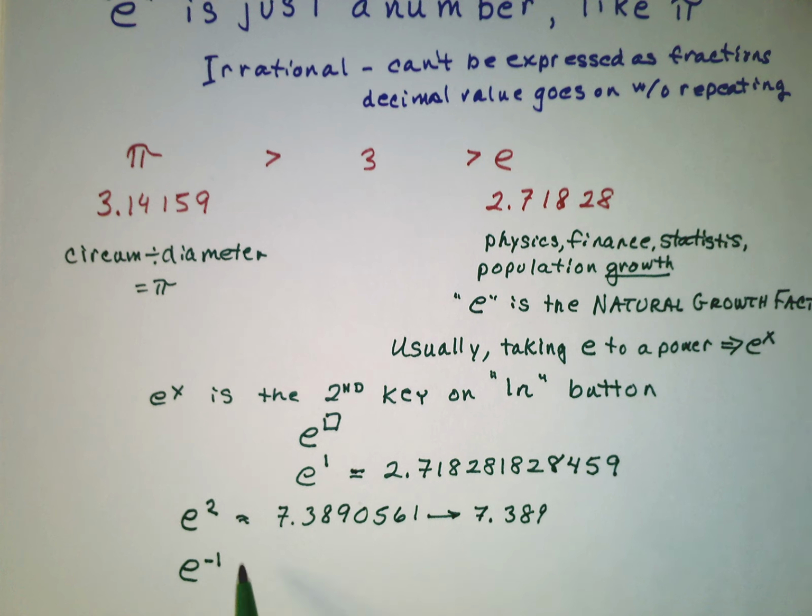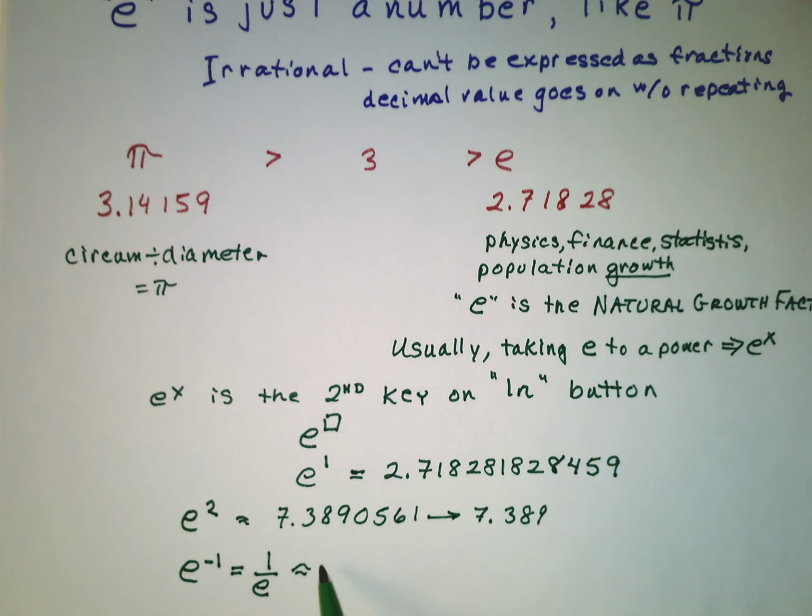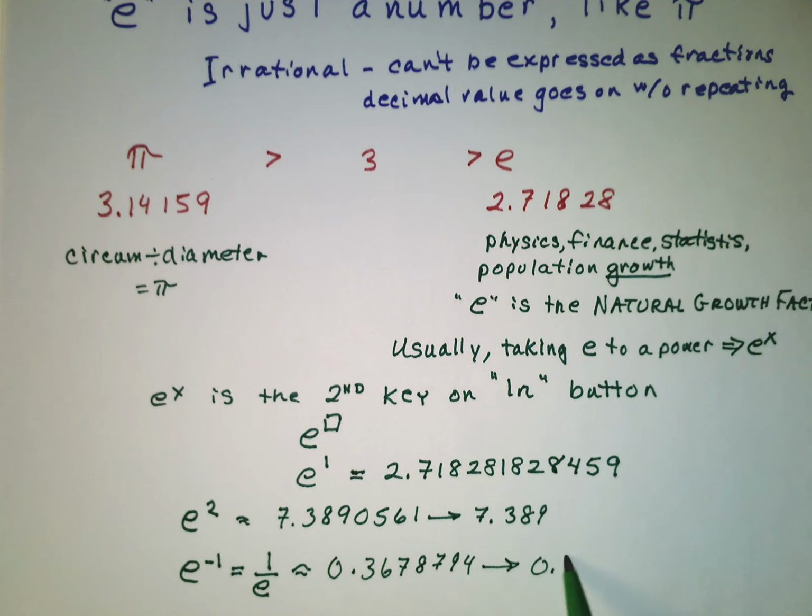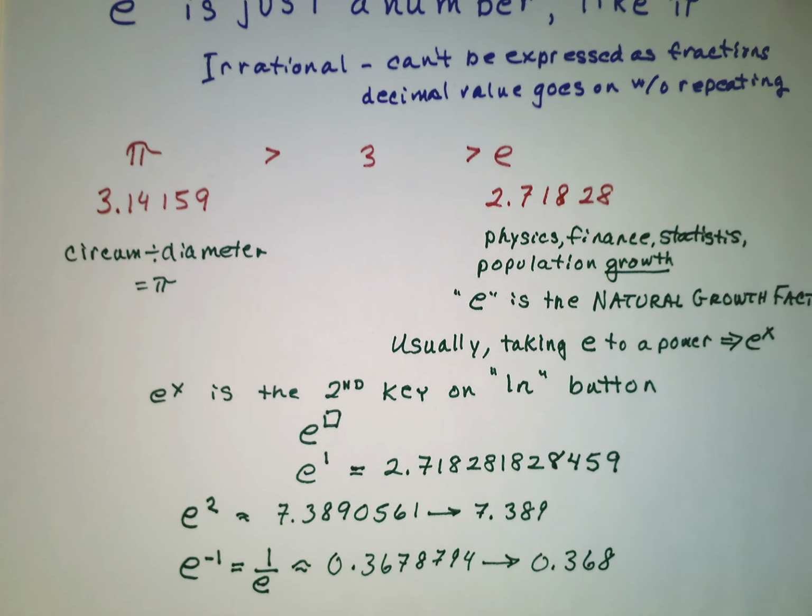Thousandth, you remember, is 3 decimal places. e to the -1, you remember, just means 1 divided by e. But we can put it in the calculator as e to the -1 power. So for e to the -1 power, my calculator gave me something like 0.36787794, which we could round off to about 0.368 if we're rounding to the nearest thousandth.